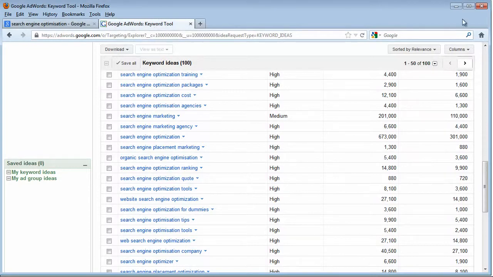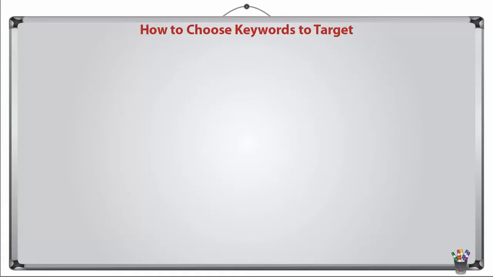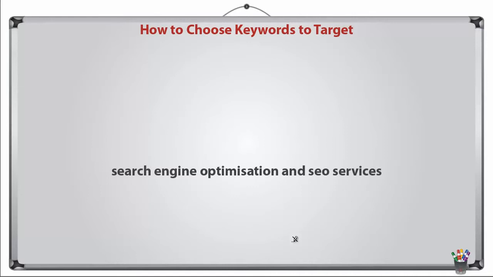Now let's have a look at this key phrase. After I've conducted, let's say as an example, related searches, I end up seeing terms like this. And I'm thinking to myself, okay, search engine optimization, that particular keyword is of interest to me. That's why I've started playing around with it. But then I end up seeing related searches like this. Now I'm thinking, would I be interested in something like this?